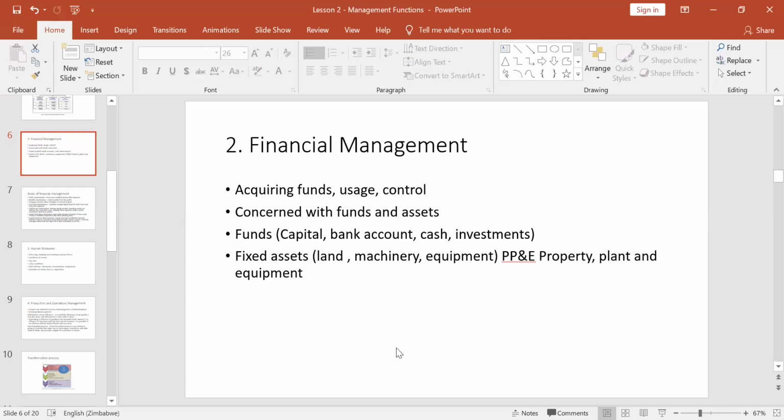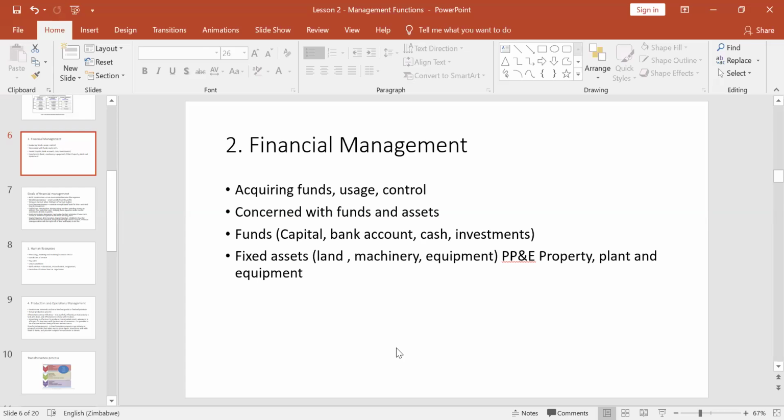They are also concerned with the usage of the funds. Remember, no money goes out of the organization without the blessings of the finance department. You have to apply to the finance department, even if you want to buy a laptop or you want to buy furniture or you want to pay for something.